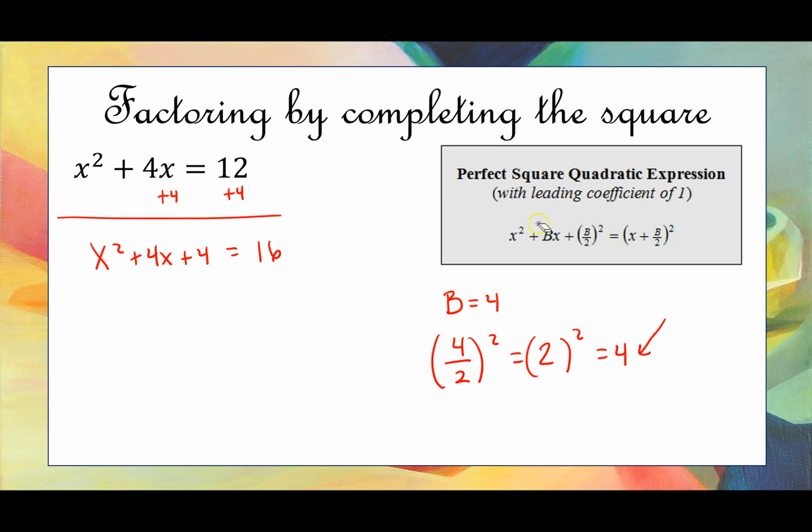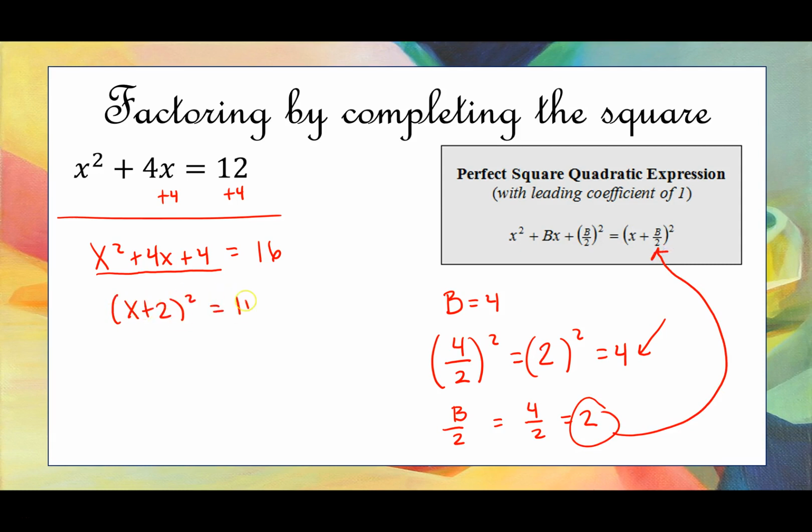All right, now I like to calculate b divided by 2. So b divided by 2 is simply, in this case, 4 divided by 2, which is 2. Meaning that this entire thing can be factored to be x plus 2 squared. Okay, next step is going to be to square root both sides.